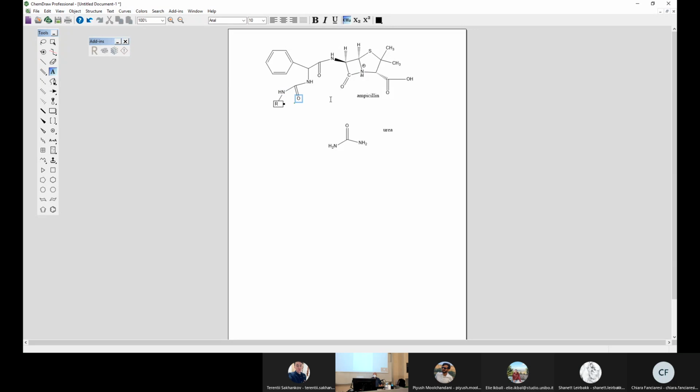You see these residues of urea in the side chain, just to increase once again the hydrophilicity of penicillin.